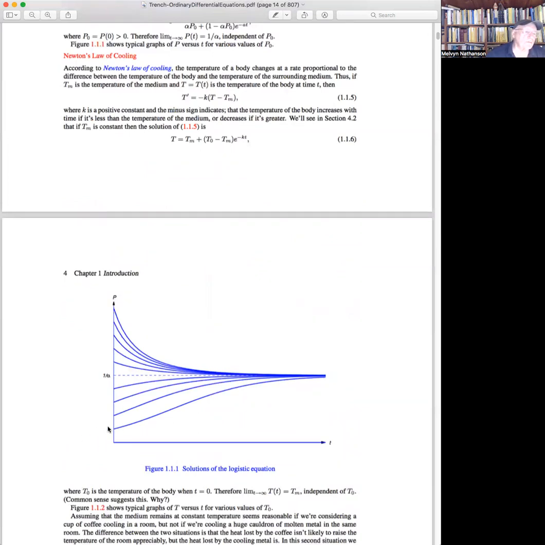So if you're looking at population growth, bacteria in a petri dish, animals on an isolated island, in the beginning you have exponential growth, but then as the number gets larger, the rate of growth decays, and you actually approach some finite number. So there's a limit to how many individuals the environment can sustain.